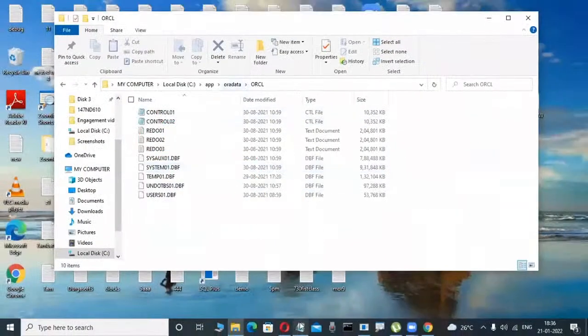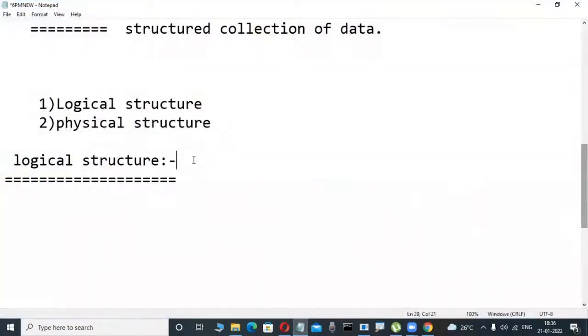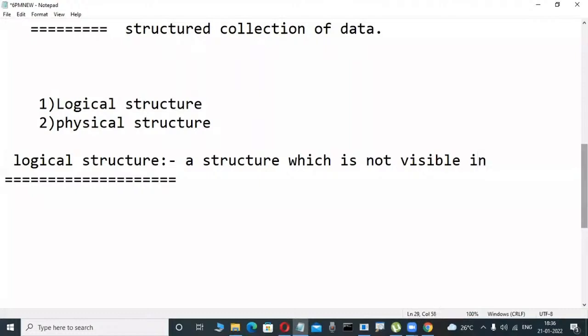That's why, what a logical structure means, don't write it: a structure, here a database structure, don't worry, a structure which is not visible in the operating system, in OS, is called a logical structure of the database.